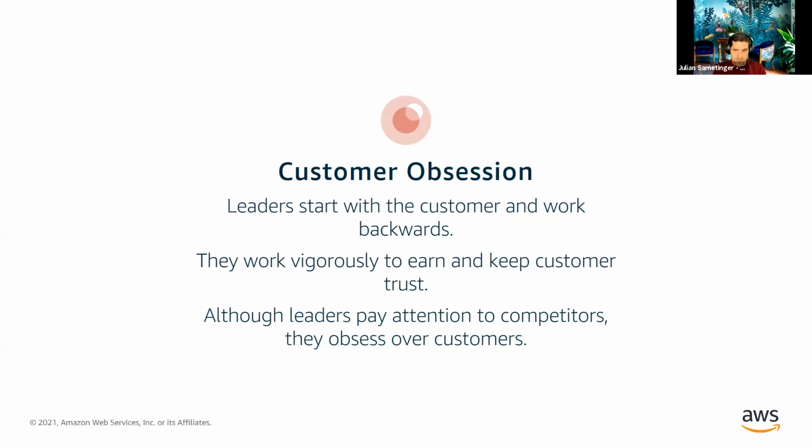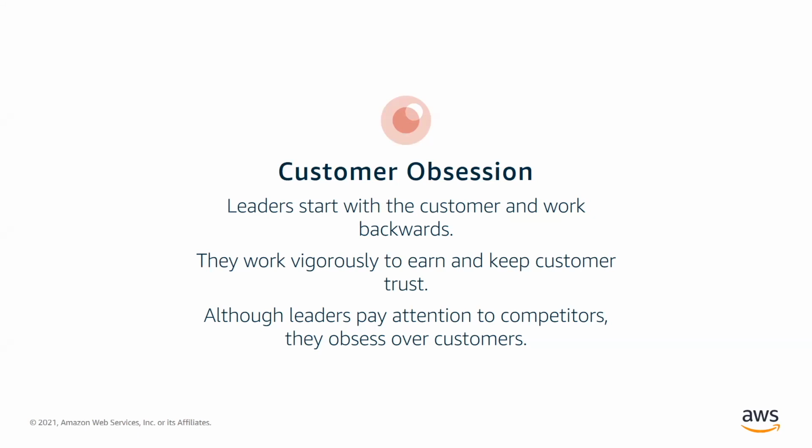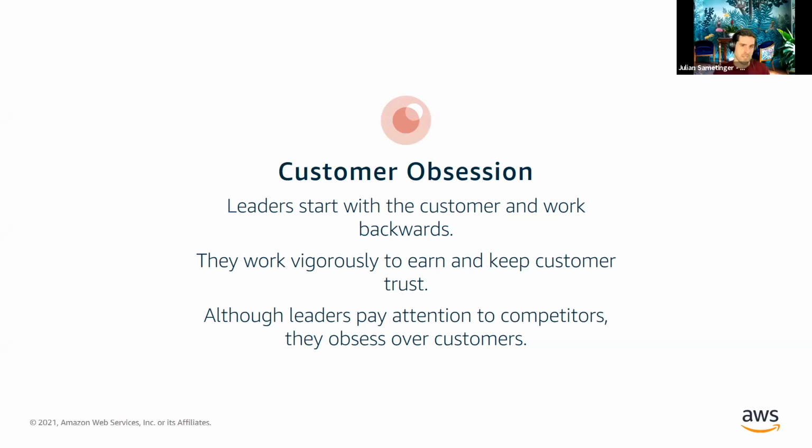So we start with the customer, and you've probably already heard of our leadership principles. Our leadership principles at Amazon, they are publicly available, so you can look them up on the internet. They pretty much guide what we do at Amazon on a day-to-day basis. And at a lot of companies, the leadership principles or their values, whatever they want to call it, are there often as part of their HR or hiring strategy. But for quite a few companies in day-to-day business, those values then kind of fade into the background.